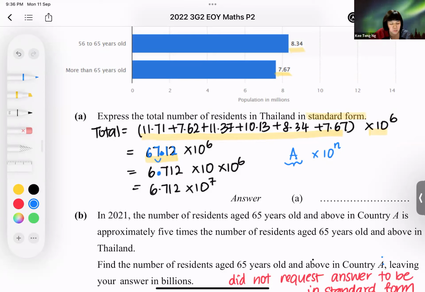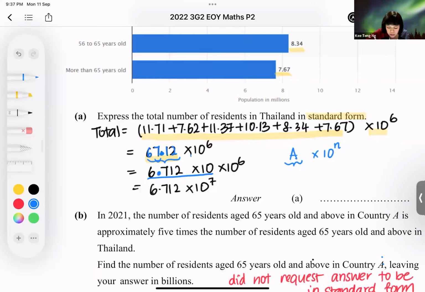So it's 6.712. But the original number is 67.12, right? So if I change it to 6.712, I shifted, and the original number is much bigger. I need to times 10. So that becomes 6.712 times 10.